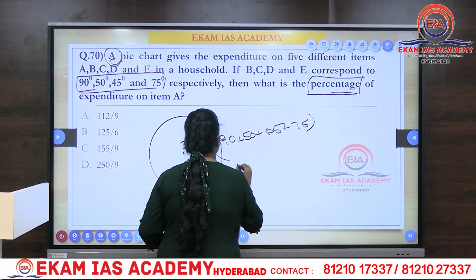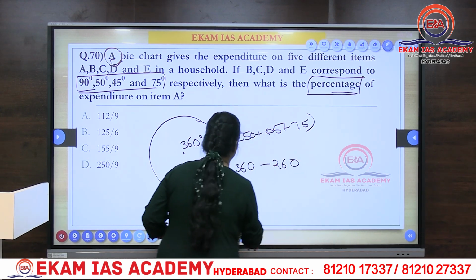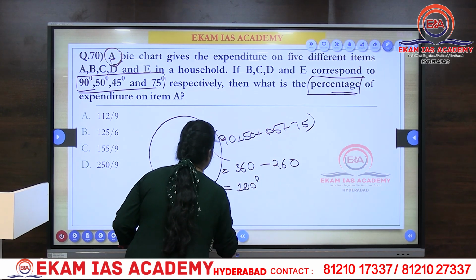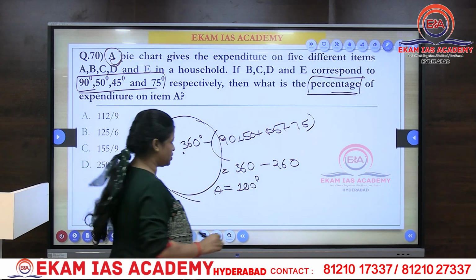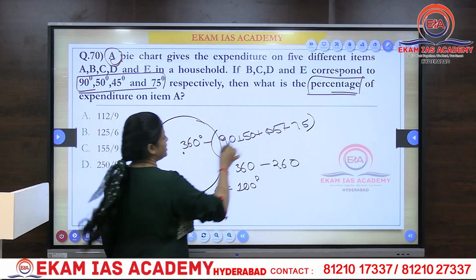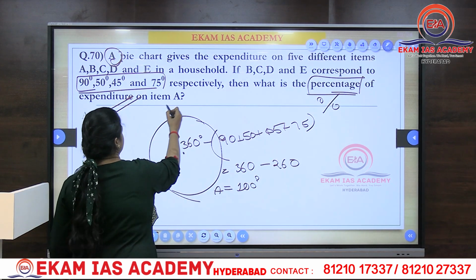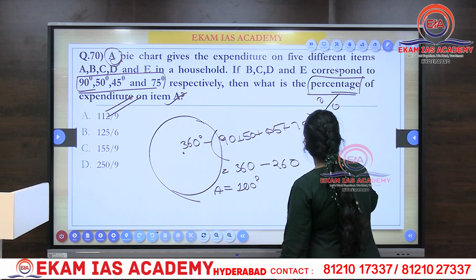That would be equal to 100 degrees. The part of A corresponds to 100 degrees of the pie chart. So what is asked in the question? Percentage of expenditure on item A. What is the percentage?